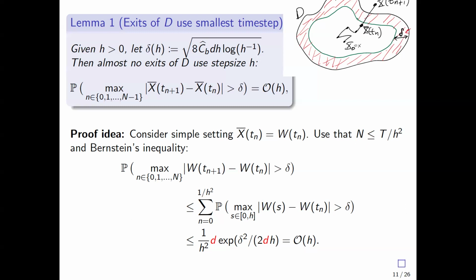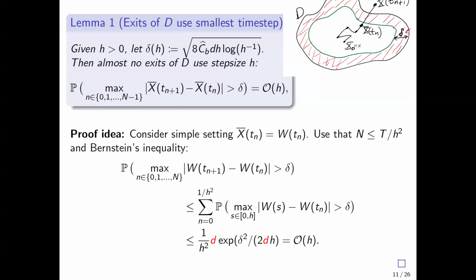So this I can bound from above by the total probability of any of these intervals being larger than delta. But that, for each of these, is of course bounded from above by the maximum over the full interval being larger than this. And now I take the interval of order h squared, and I sum over, it should be capital T over h squared.